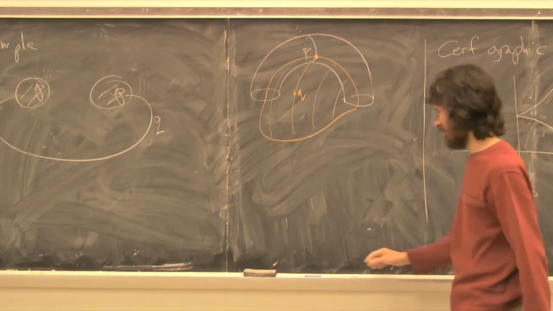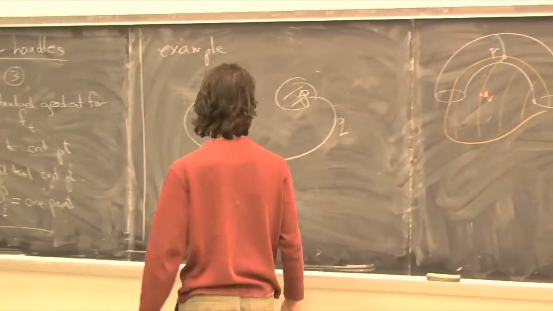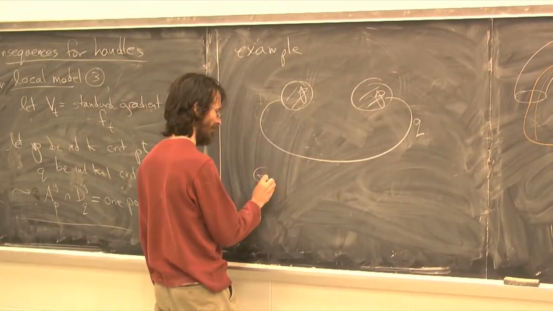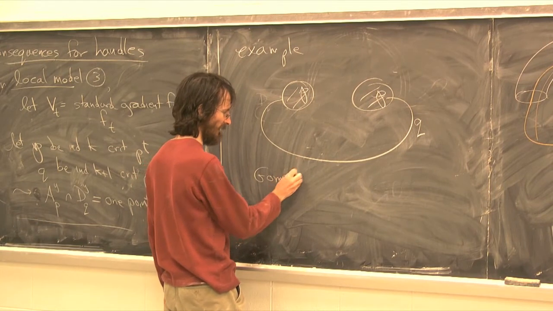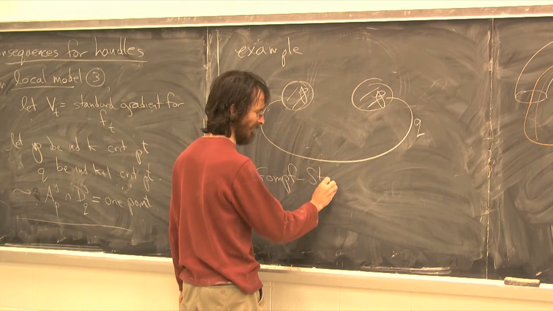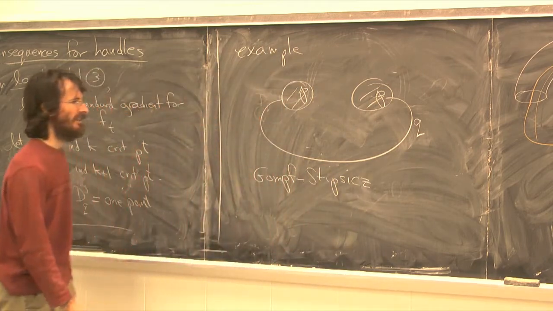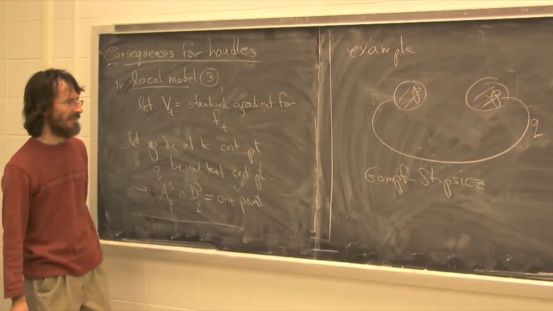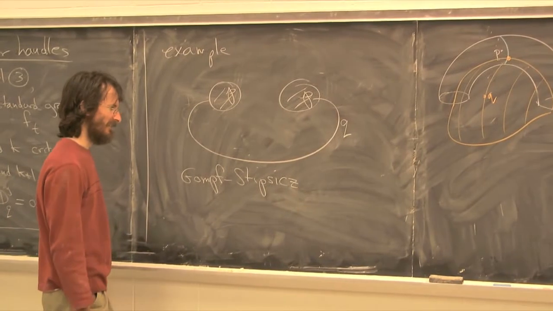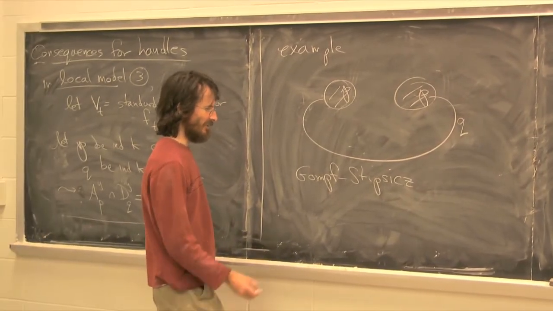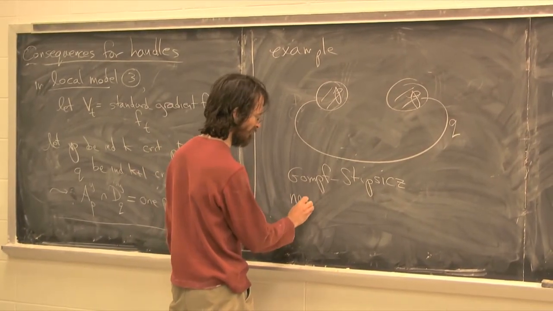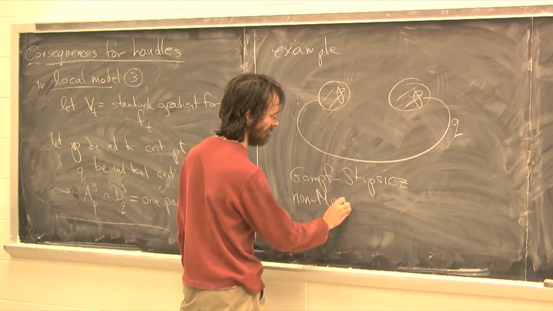In Gompf-Stipsicz, there's a non-Morse theory proof of that fact. I don't know if I've ever written the name of the book out. It has four-manifolds in its name. I can't remember what it's called now. But in this, there's a non-Morse theory proof that this cancellation happens.